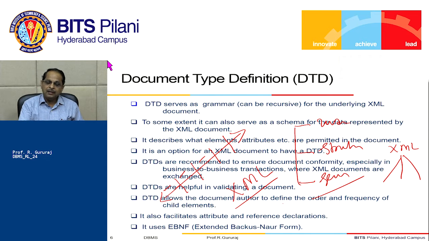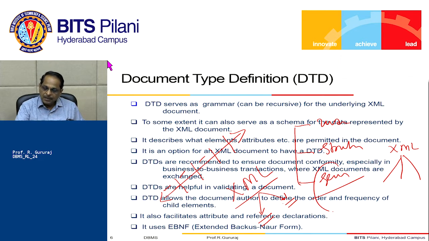Hence, what is the model I am going to use here? For an XML document, I treat it as a database, and if I wish, I can impose a grammar or structure, or if I don't need, I can simply construct an XML document without specifying any structure. That means without associating any schema or DTD.